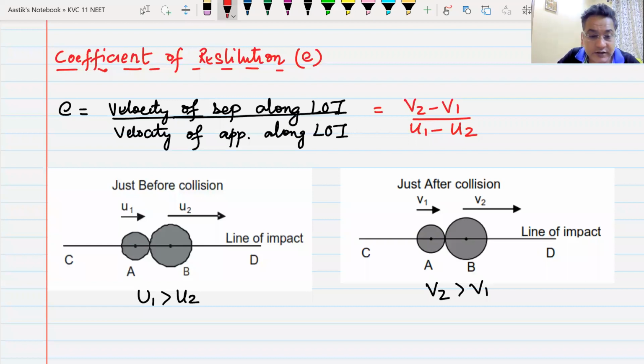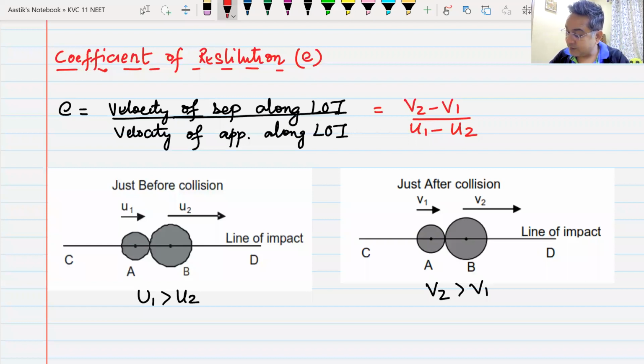So we have seen what we mean by the coefficient of restitution. Now we go into the next heading, which is classification of collision. How are collisions classified?